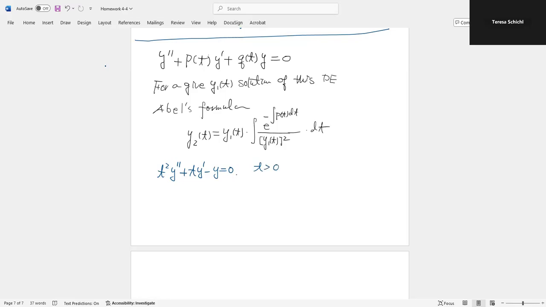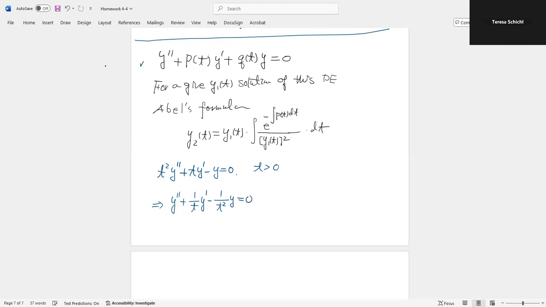To change it to the homogeneous form, let's divide both sides by t squared. I will have y double prime plus 1 over t y prime minus 1 over t squared y equals 0.